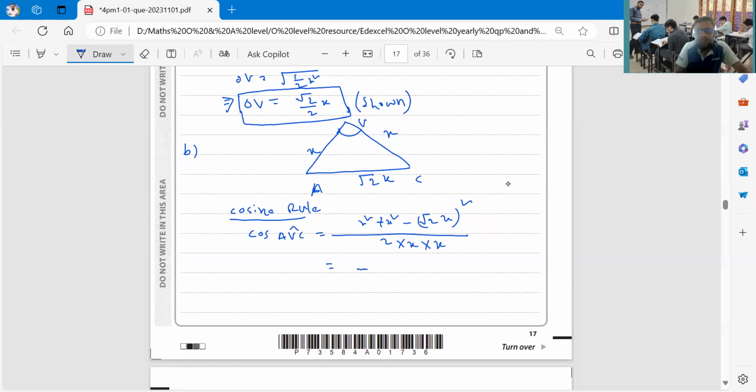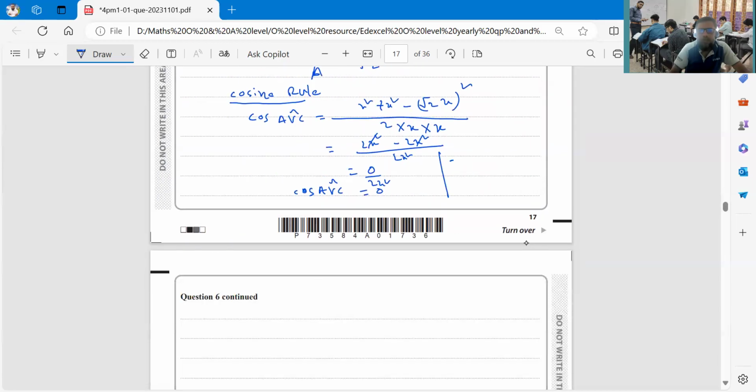Now, x square plus x square is 2x square, minus root 2x squared, that means 2x square, divided by 2x square. So 2x square cancels, it will be 0 here. So 0 divided by 2x square means 0. So cos ABC equals 0.